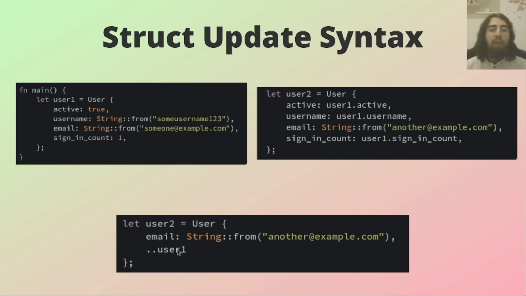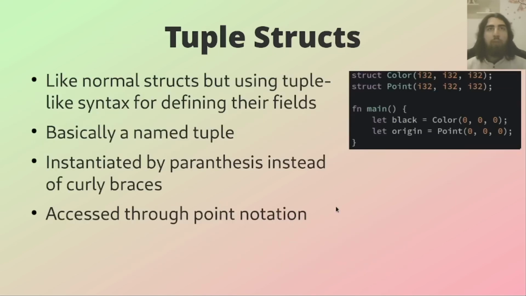And the remaining values should be taken from this user1 instance. So this will then create a user instance with all the same values from user1 except the email field.